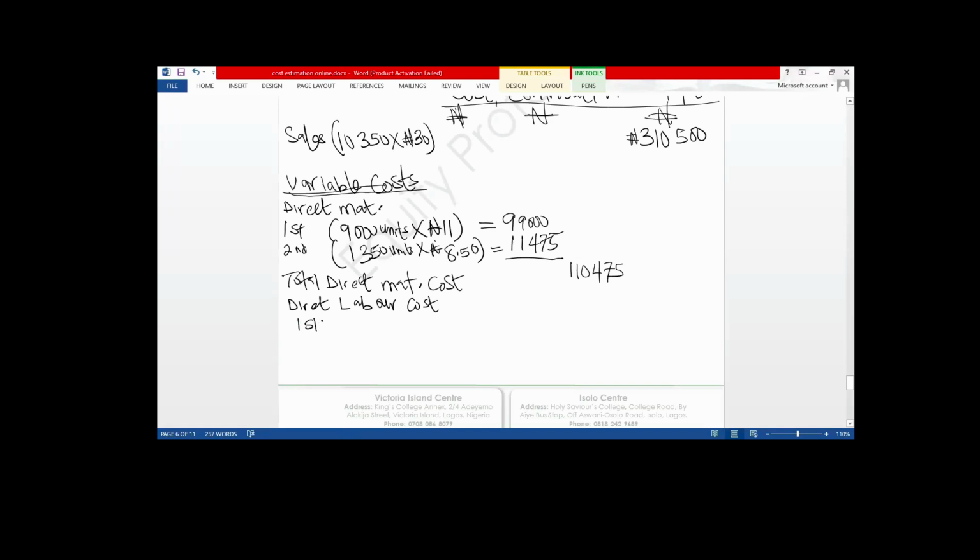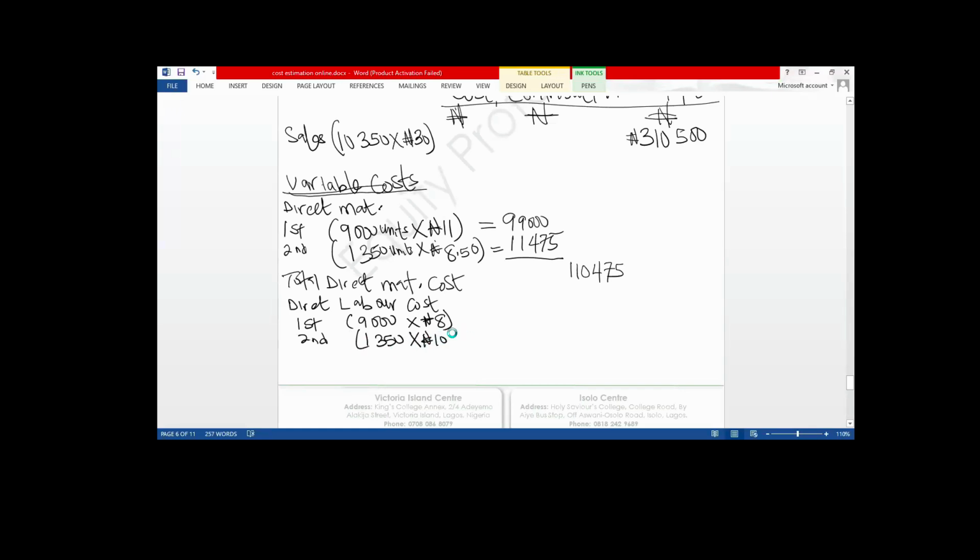First batch is within 100%. We are going to produce 9,000 first. At this 9,000, labor cost is 8 naira per unit. The second batch, to make up 10,350, we need to produce 1,350 units. Labor cost per unit, how much? 10 naira.